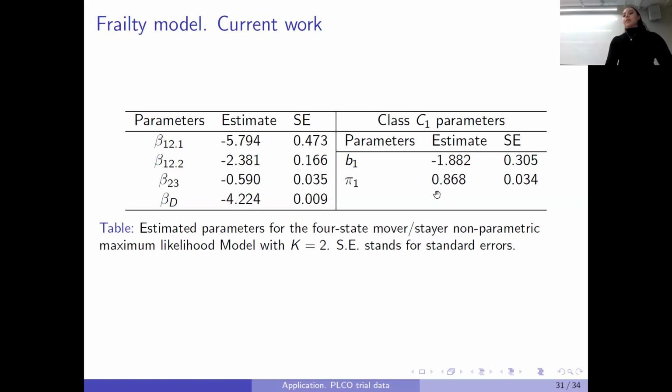We have a probability of 86%, with a standard error of 0.34, and we can also see that being in class 1 means that you're moving slower to the next living state. So basically, it's better to be in the first class of this process, because the next living state is screen detectable. So there's disease progression.